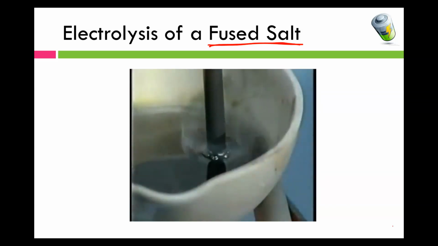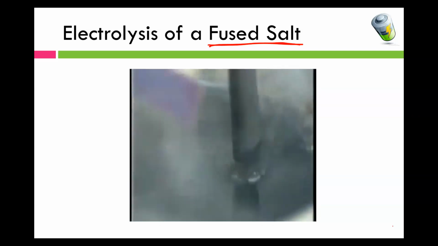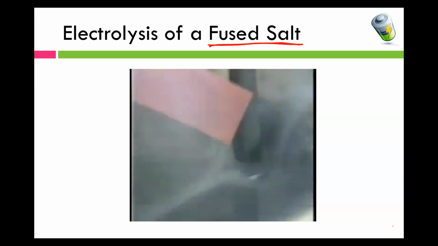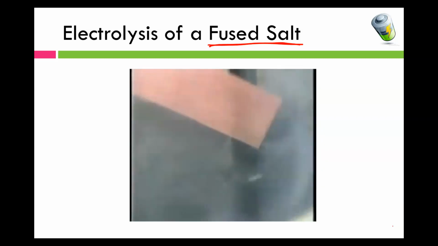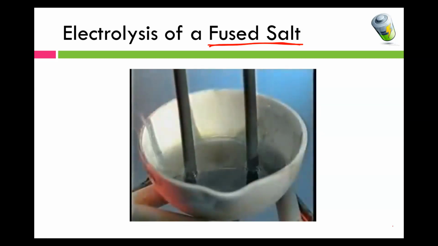This time, bubbles of a very pale gas appear at the positive electrode. It turns damp blue litmus paper red and bleaches it lighter. So what gas is it likely to be? Again, nothing appears to be happening at the negative electrode on the left.